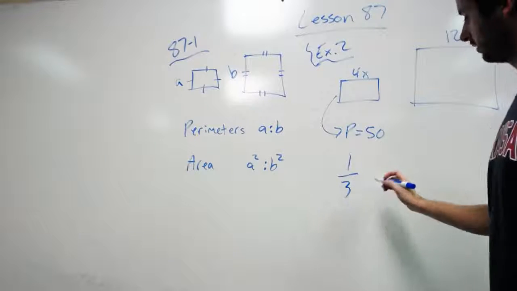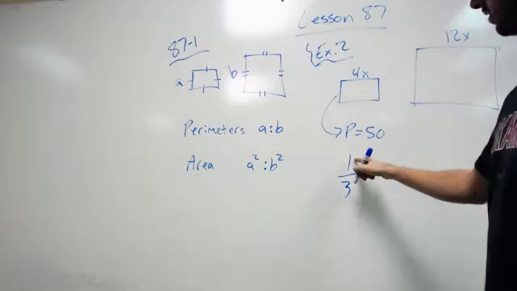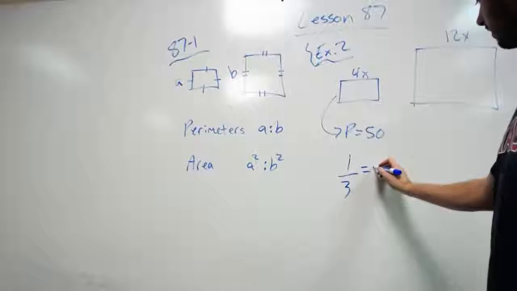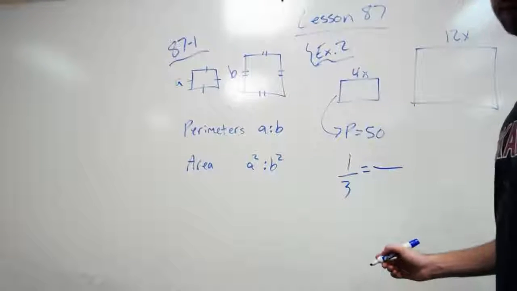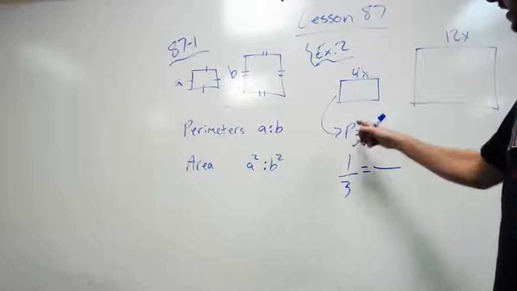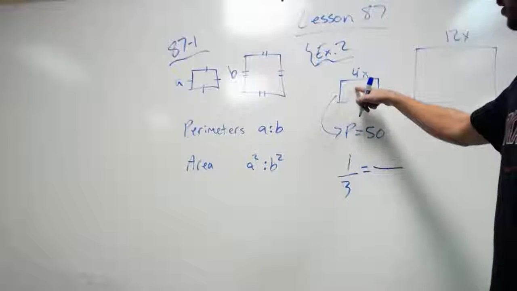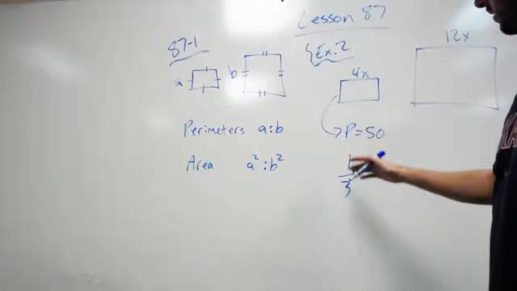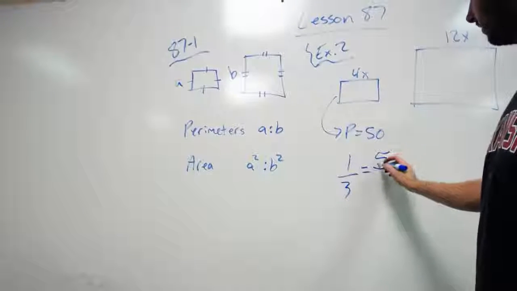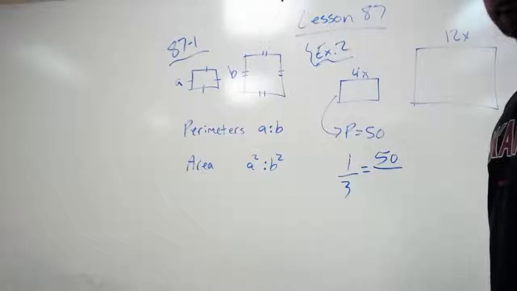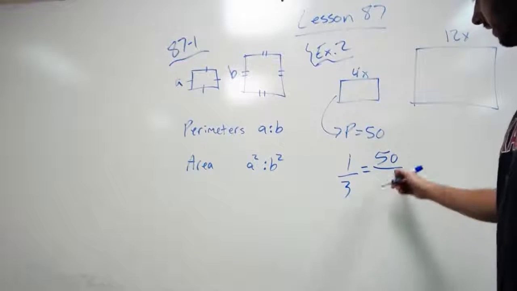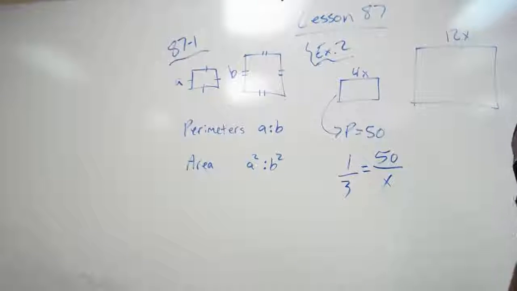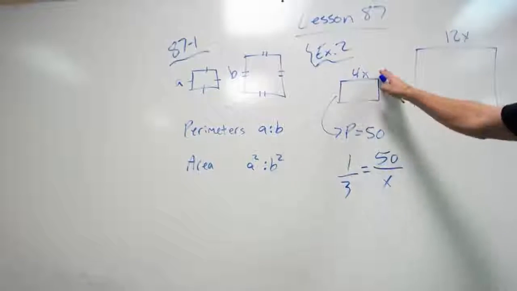So for the side lengths that have an A to B ratio, the perimeter also has an A to B ratio. In this case, it gives us the perimeter of the smaller rectangle as 50. So we can plug in 50 for our smaller rectangle, and then we would be looking for the perimeter of this rectangle. We can't add all the sides because we don't know all the sides.